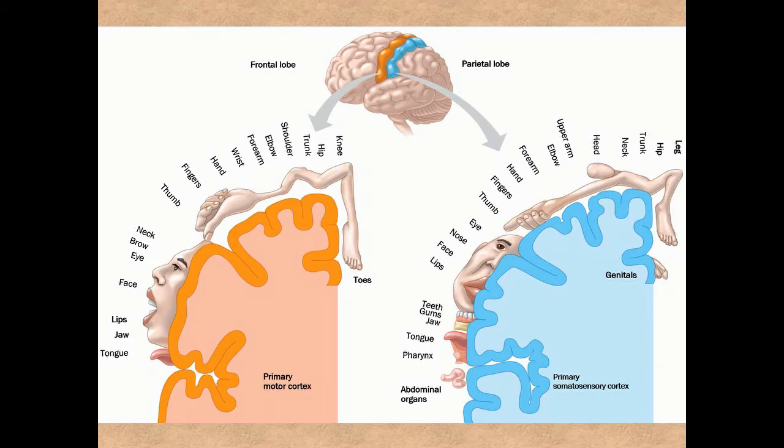And so we have the motor cortex as well as the somatosensory cortex. You can see that the motor cortex ends up taking control of different areas of the body and their motor control. Sensory cortex, however, is required in processing of sensory input.